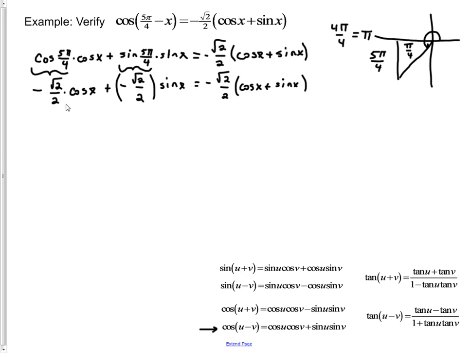Well, sure enough, that's true, because look, we now have a common factor of negative square root of 2 over 2, and factoring that out from both terms on the left gives us negative square root of 2 over 2 times the cosine of x plus the sine of x. And this is what we set out to verify.